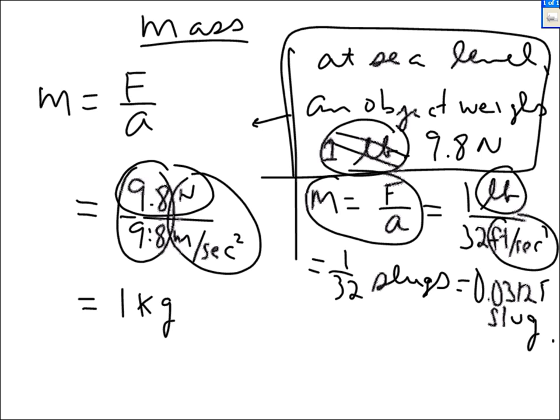That's the force, and that's the acceleration. The mass is 1 kilogram. So it's just force divided by acceleration. Make sure the units are right, and you won't have trouble with that.